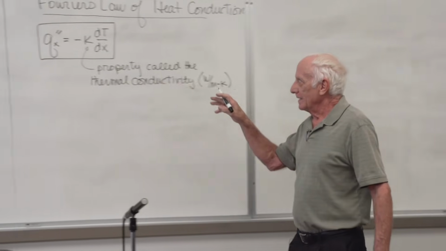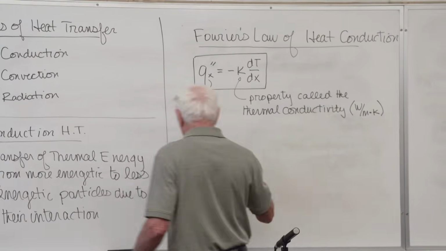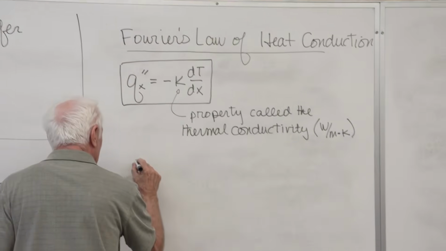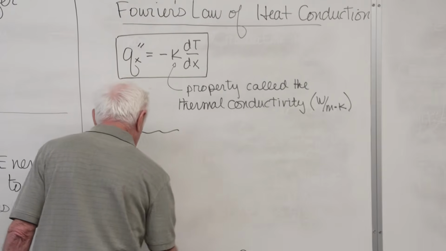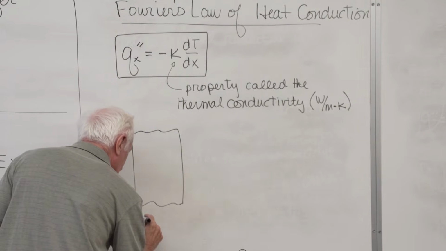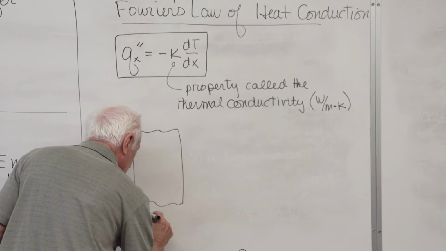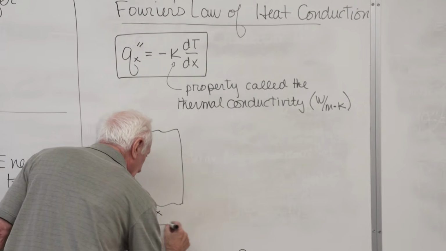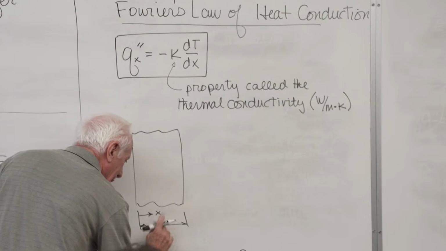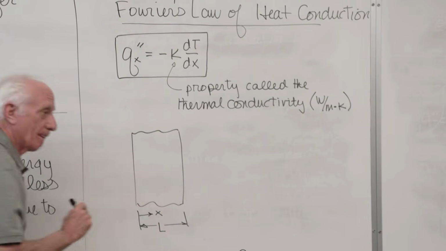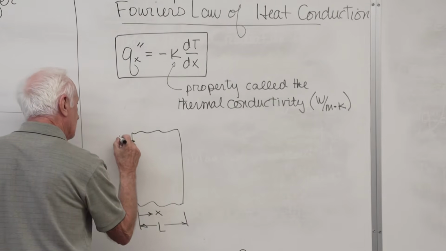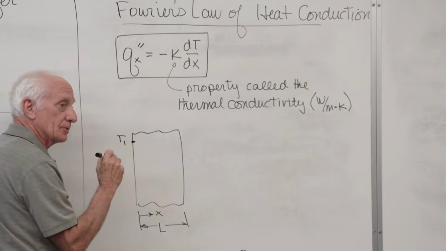Now, let's draw a wall here. I'm going to measure x in this direction, and the wall thickness is L. I'm going to assume the temperature on the left-hand side is a hot temperature, T1.